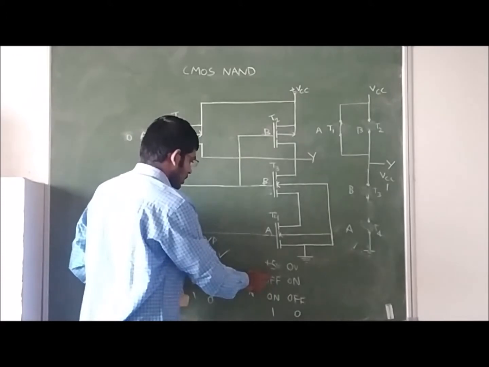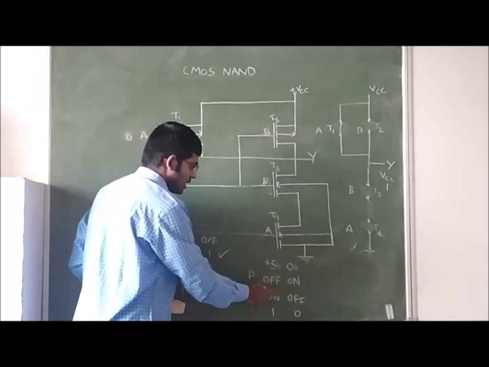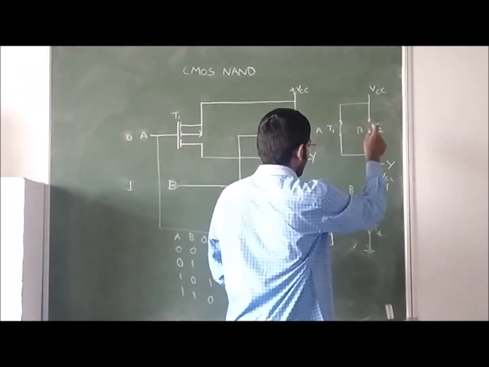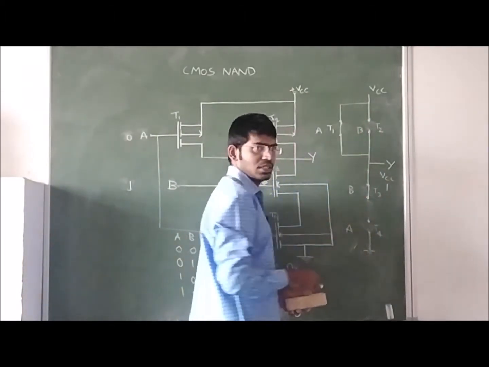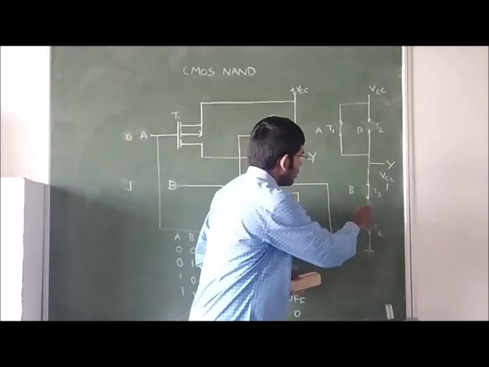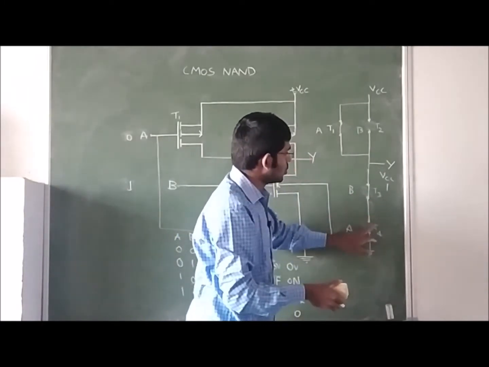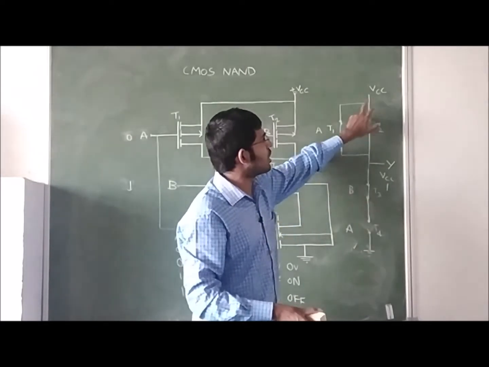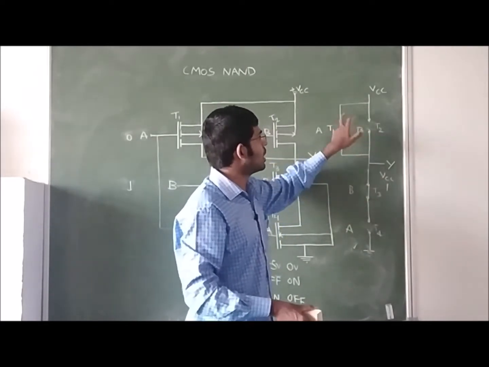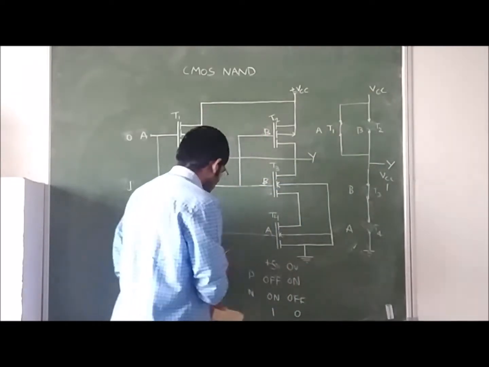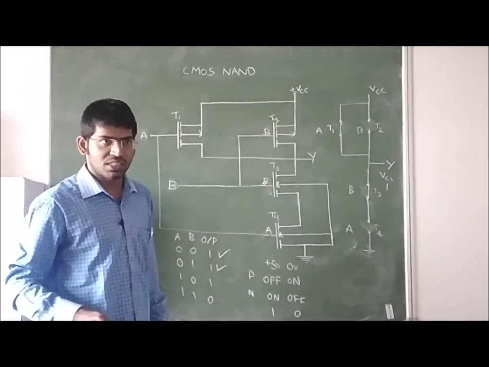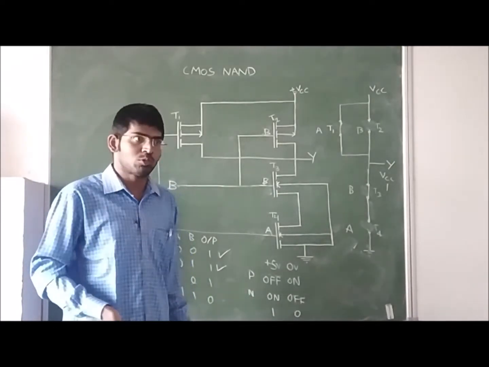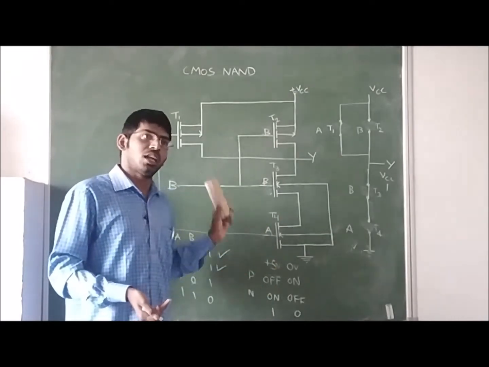Now B is 1. 1 means the P-channel MOSFET is in off condition and the N-channel MOSFET is in on condition. Because this is off, there is no short circuit here. Only this is in on condition. Even though this one is in off condition, VCC will reach Y in this path. So still the output is 5 volts or VCC, so digital logic 1. Even though we may call it by different names, VCC, 5 volts, digital logic 1, all are the same.